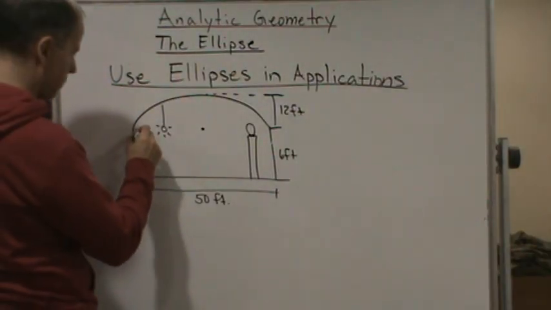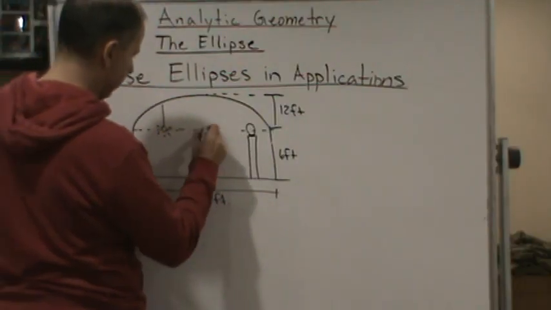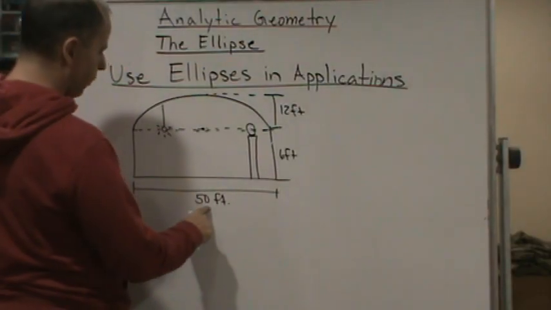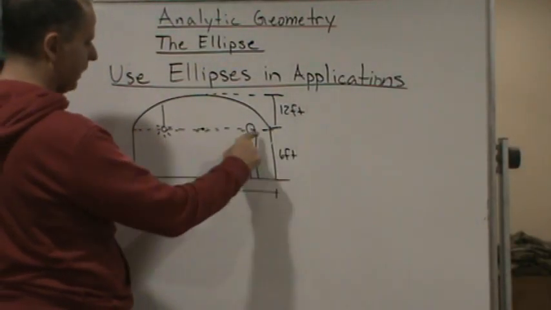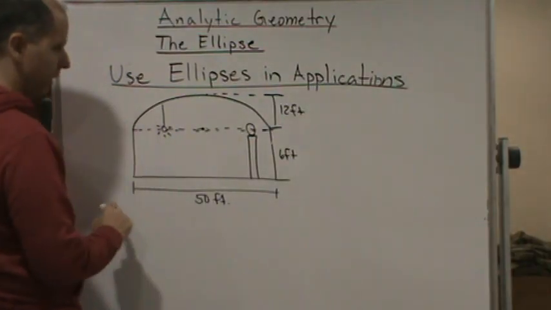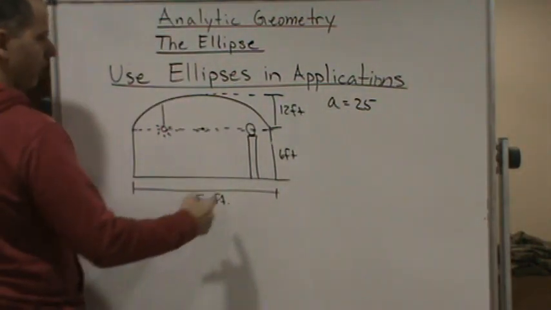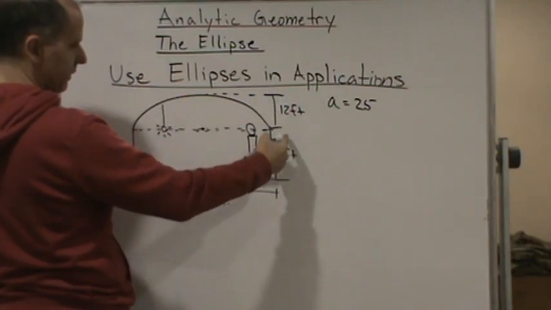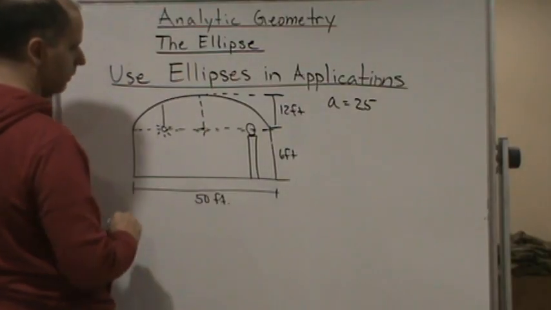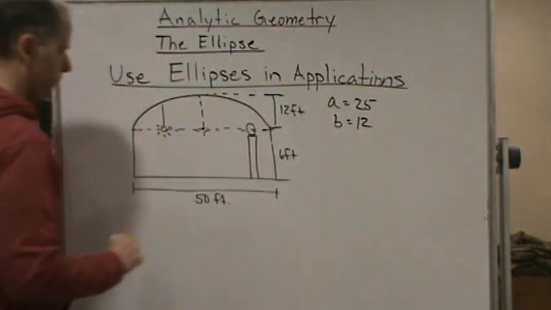If we were to envision the center line going right through there, remember, half the length of the major axis is A. So that would tell us that A has to be equal to 25. They're giving us the length of the semi-minor axis, which is right here. So B is equal to 12.